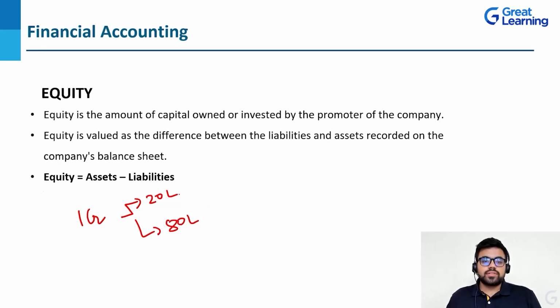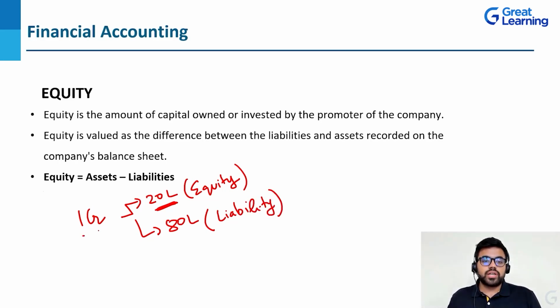So in this case, the 20 lakh that you have in hand is your equity, and the 80 lakh loan that you have taken is a liability because you have to give it back, right?